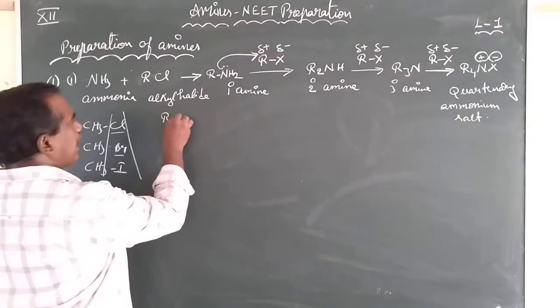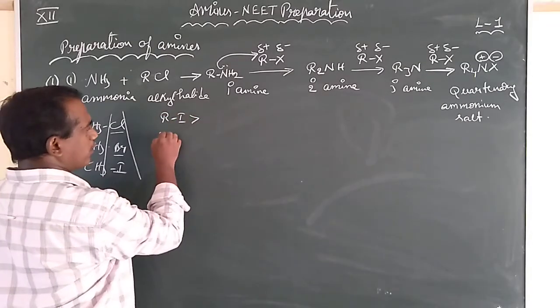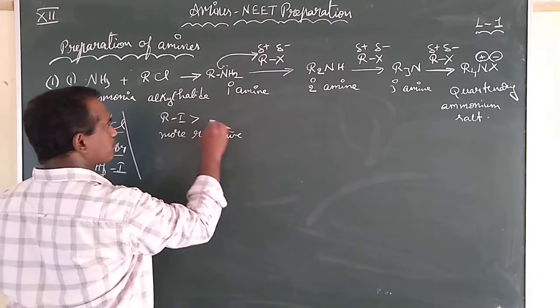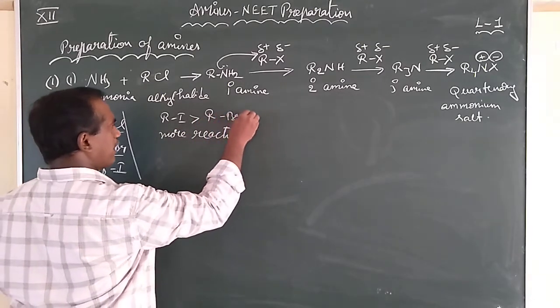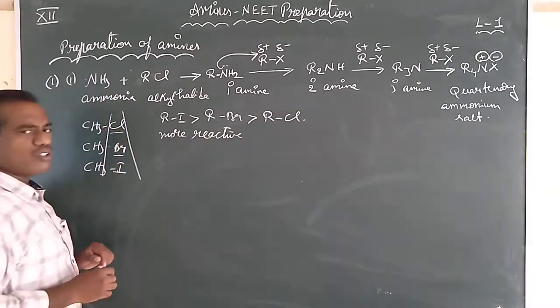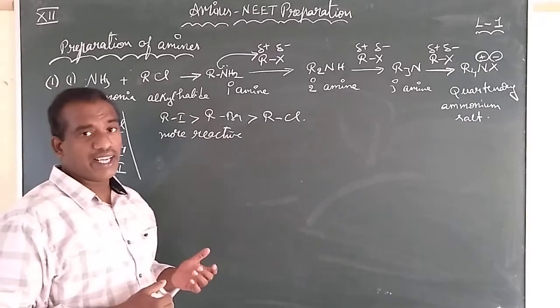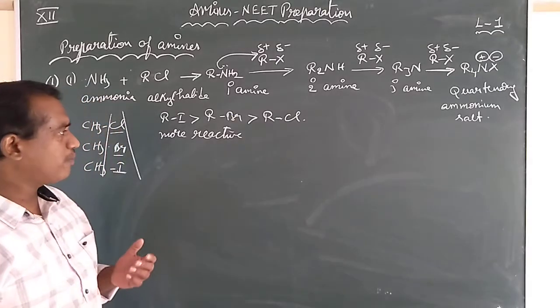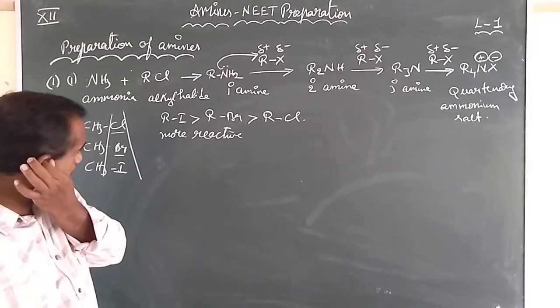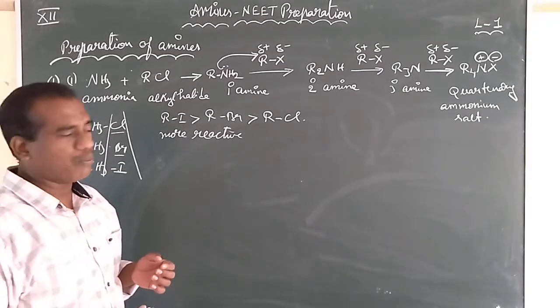So alkyl iodide is more reactive than alkyl bromide, which is more reactive than alkyl chloride. So they may ask the order of reactivity of these alkyl halides also. So this is the first preparation we have seen, from ammonia.